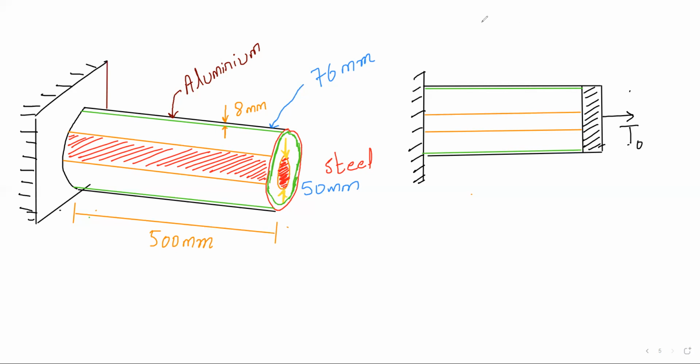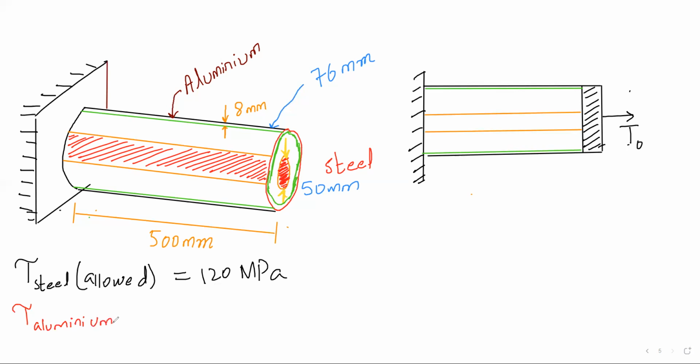The question says that you have the allowed shear stress of steel equal to 120 megapascals and shear stress of aluminium.